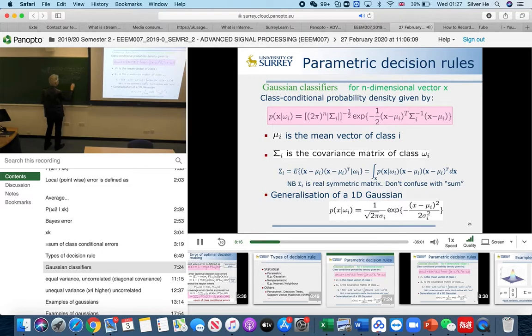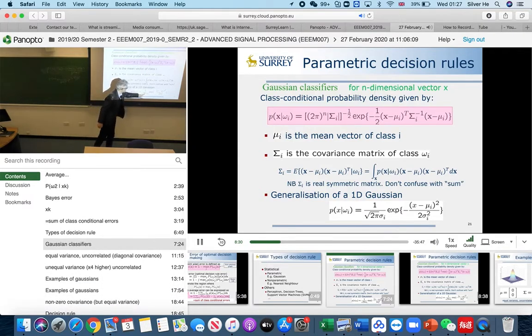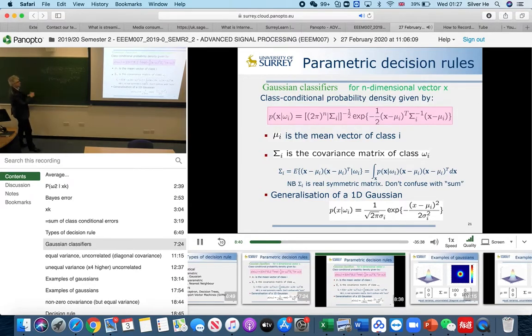Actually, sigma i I'll use here, because those are the ones that correspond to class i. So this is the one-dimensional distribution that hopefully you're reasonably familiar with. Here we've got the square root of 2 pi, and instead of putting sigma i squared under the square root, this is just a slightly different notation. This is the one-dimensional version of our normal distribution or Gaussian distribution.